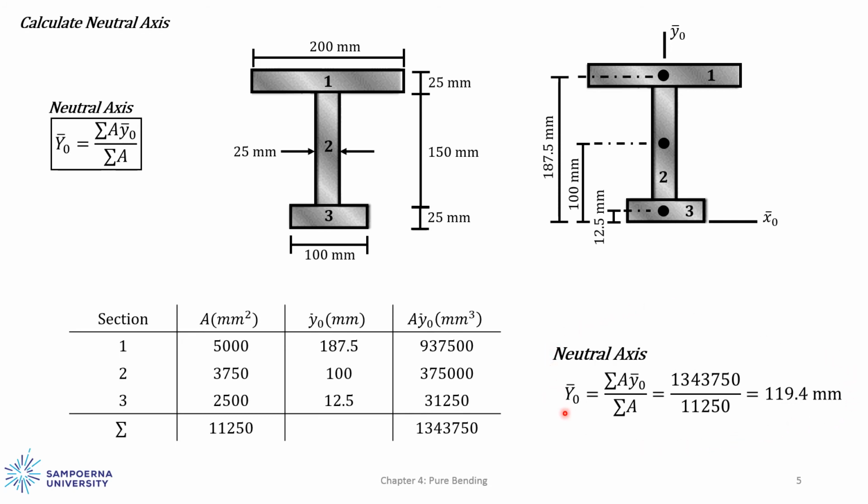By dividing the results of both summations, we have the position of the neutral axis. This position is based on the reference that we set before, which is from the below surface.